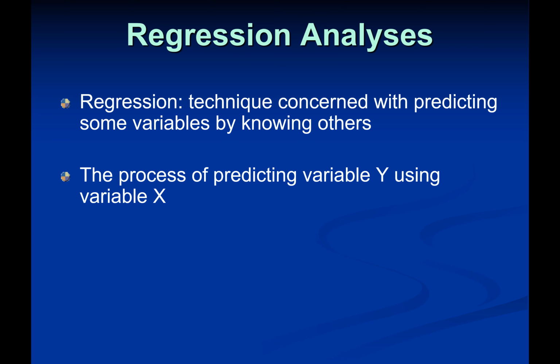And the second part of this is regression analysis. Regression is a technique concerned with predicting some variable by knowing others. So we come up with the regression model, B0 plus B1 times X, the best fitting line.